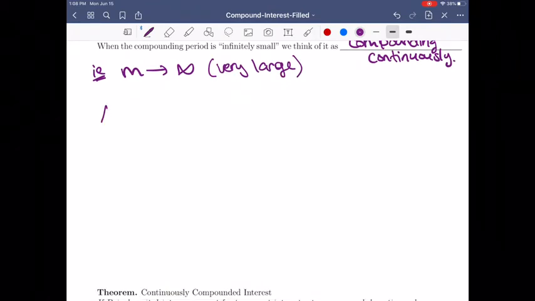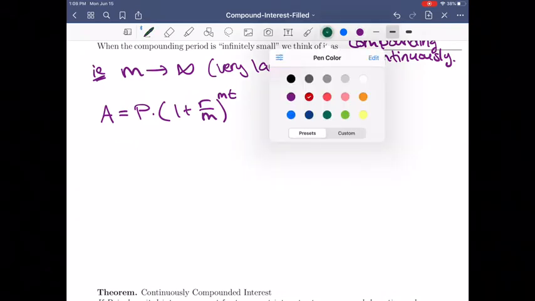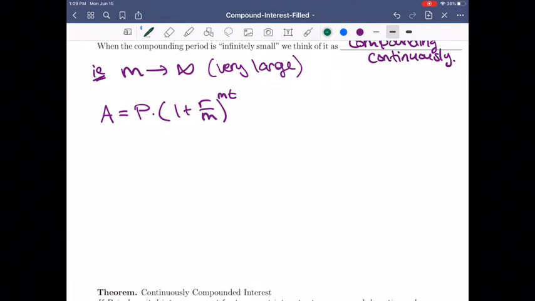So if you want A, it should be P times (1 plus R over M) to the power M times T. So what's happening as M gets really big? Now you're not going to have to reproduce this, but I just want to illustrate this a little bit. And if you've taken some calculus, it might make a bit of sense.